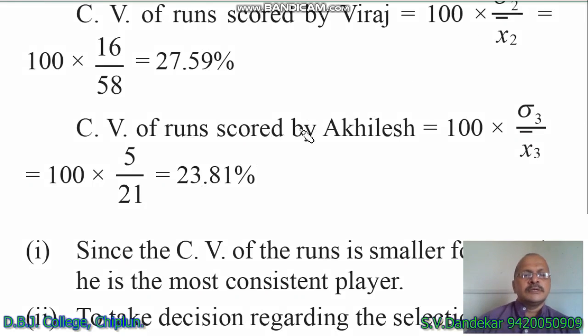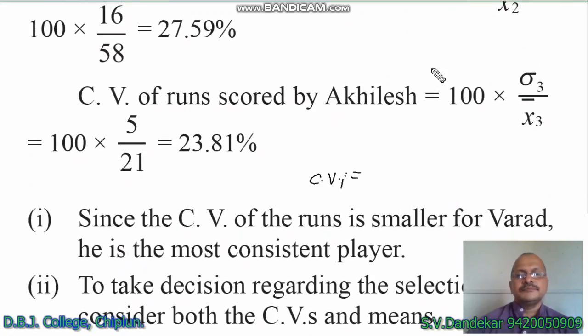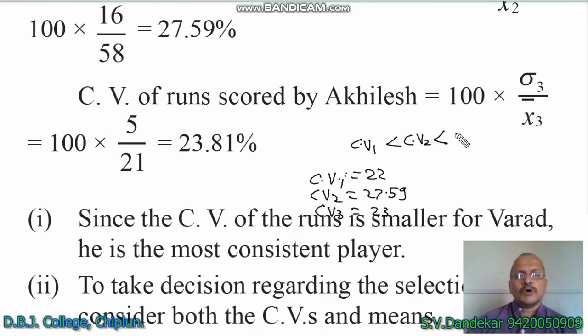Now here observe that CV1 is equal to 22%, CV2 is equal to 27.59 and CV3 is equal to 23.81, and therefore CV1 is smallest, then CV3 is the middle one, and CV2 is largest.